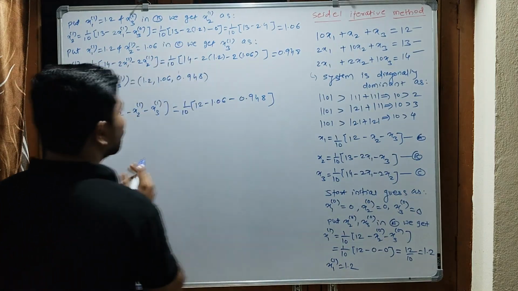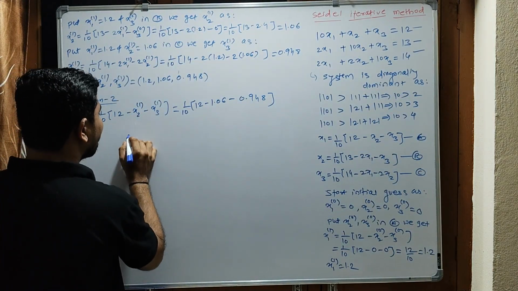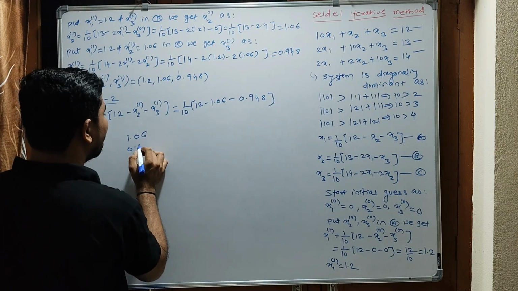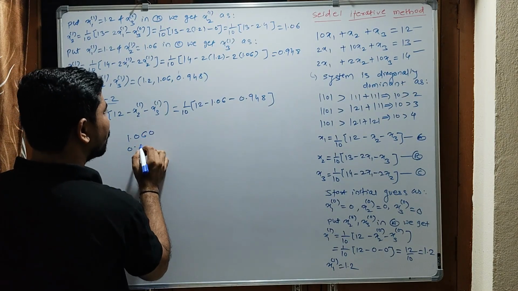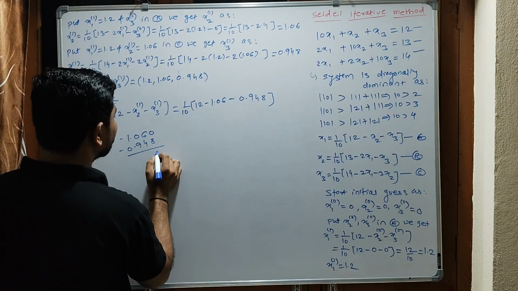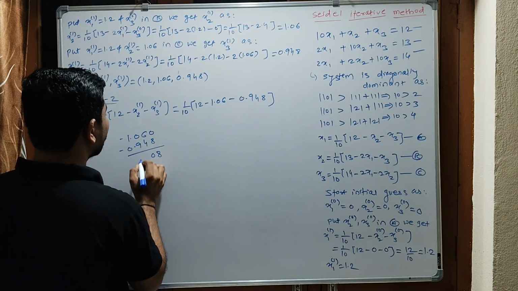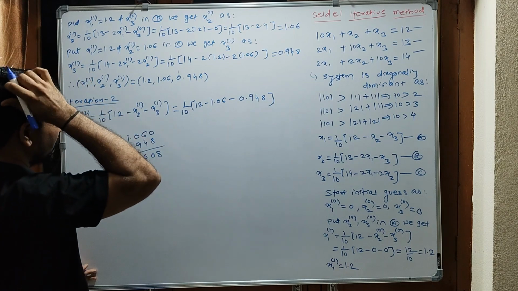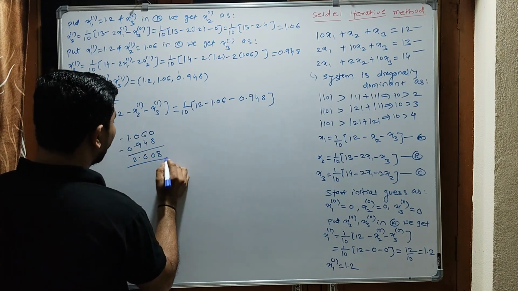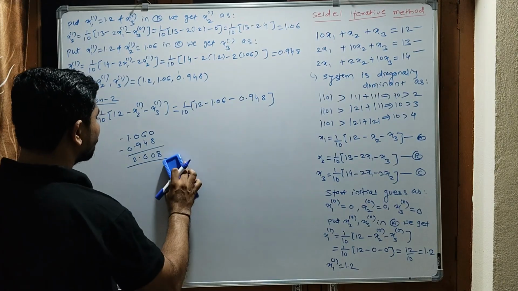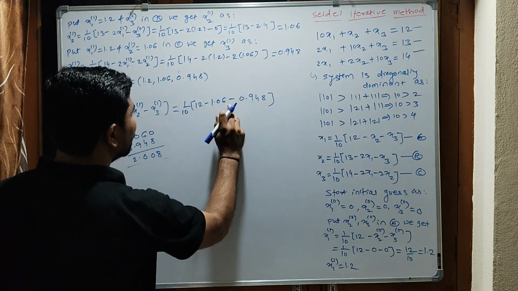So you can calculate this as 1.06 plus 0.948, which is 2.008.